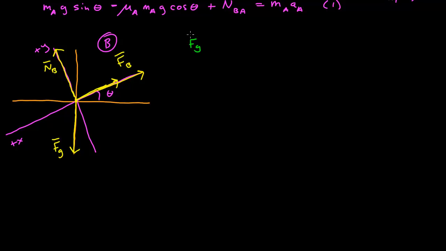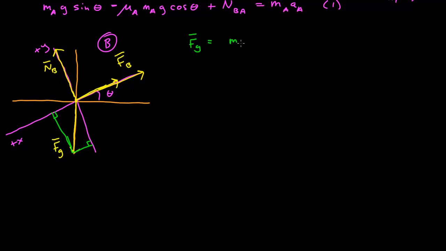So let's start with gravity again. Now I see I've got exactly the same triangles that I had before, only this time my force due to gravity is the force of gravity on B instead of A, but it's exactly the same form.